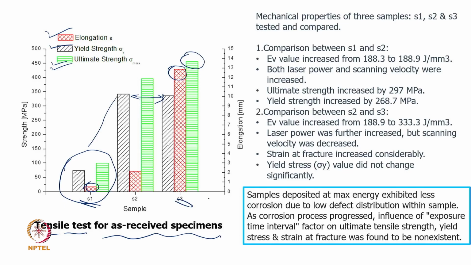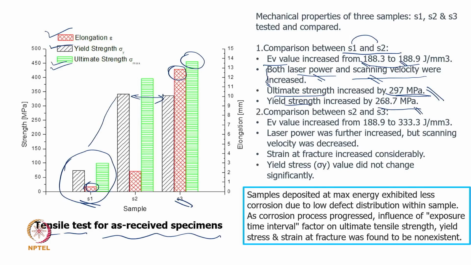Now, if we compare S1 and S2, in this case the energy level was more or less the same, 188.3 and 188.9, while the laser power and scanning velocity were increased, because when you move from S1 to S2, they increase the scanning velocity and the laser power. It has been shown that ultimate tensile strength increases by 297 megapascal, while yield strength increased by 268 megapascal.